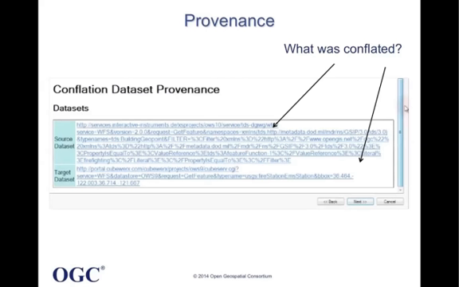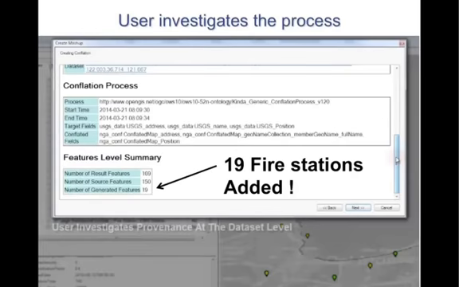If we see more details of what was returned by the web processing service, we see first that it has the information about what was conflated, what the source and the target are, and this is what we call provenance. The provenance allows us to know that kind of information, but also others, for example, the result and when it was done. Here, for example, 19 fire stations were added.